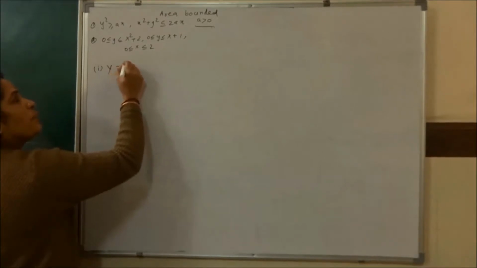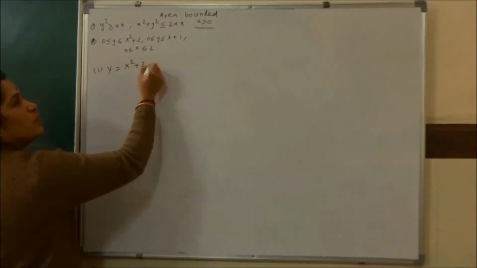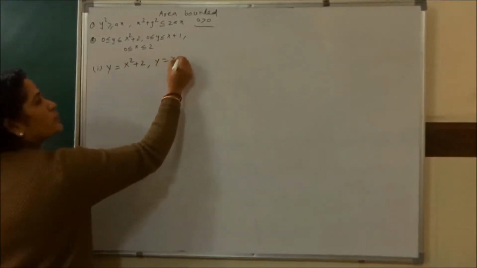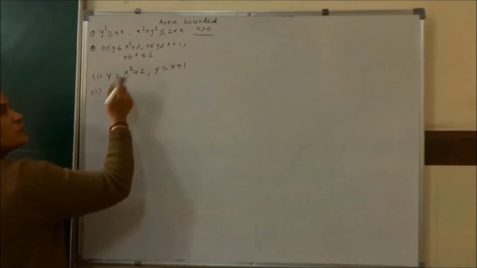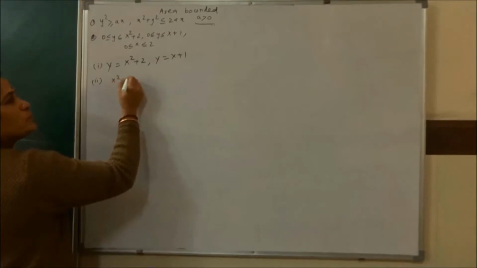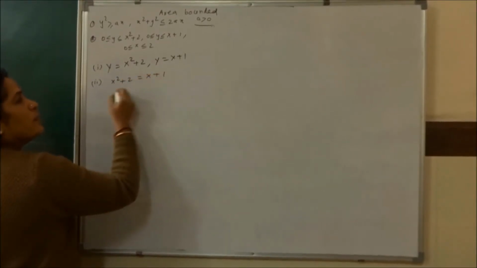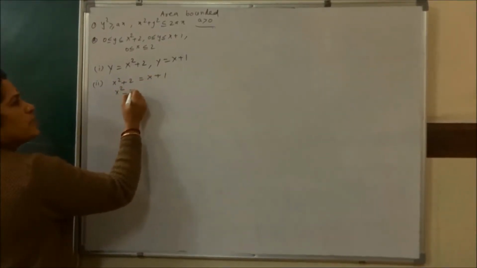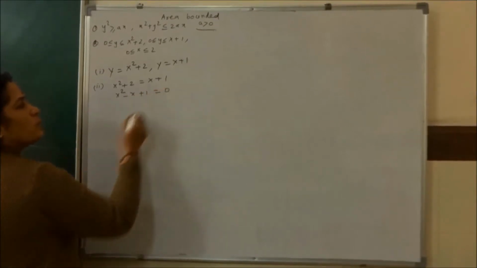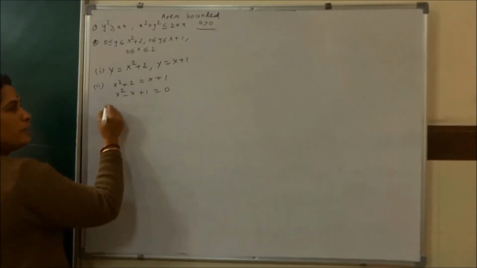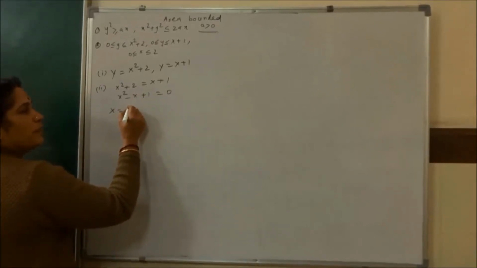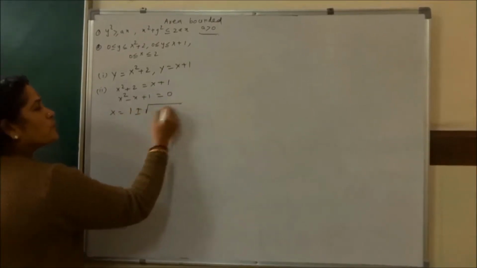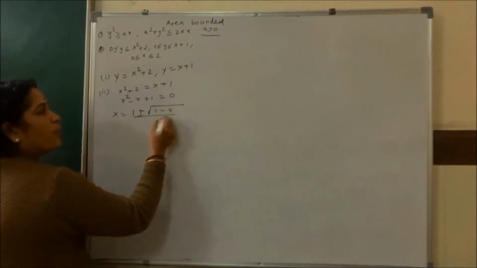Now see step number 1: y equal to x square plus 2, and here is y equal to x plus 1. Okay, fine. Now step number 2, point of intersection, solve both, that is x square plus 2 equal to x plus 1. Otherwise x square minus x plus 1 equal to 0. So if you solve this, you can go for the formula x equal to minus b plus or minus under root of b square minus 4ac, upon 2a.